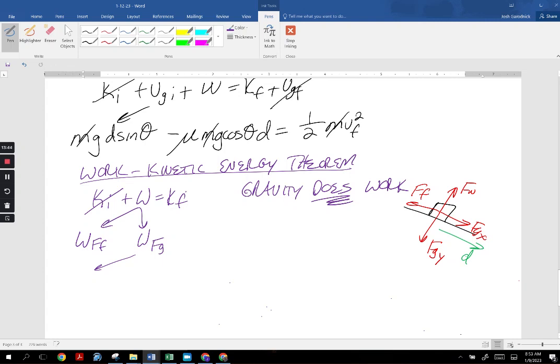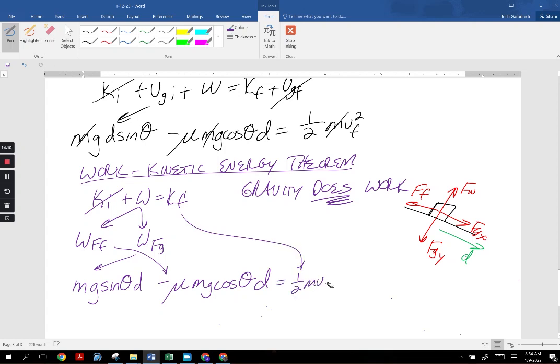And FG parallel is mg sine theta, right? And that acts for a distance d. It's cosine 0 because they're both in the same direction, so I'm not even writing cosine 0. Then you've got the work done by friction, which is negative mu times the normal, which is mg cosine theta, times the distance. Don't lose the distance. And then afterwards, it's moving, 1/2 mv squared.